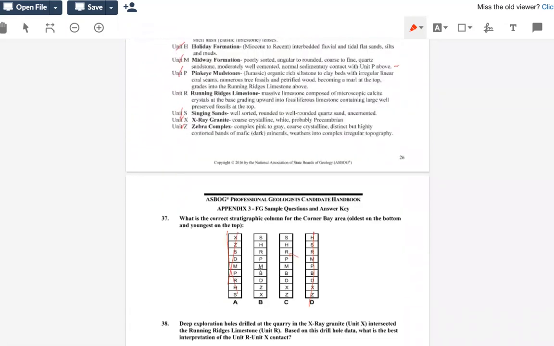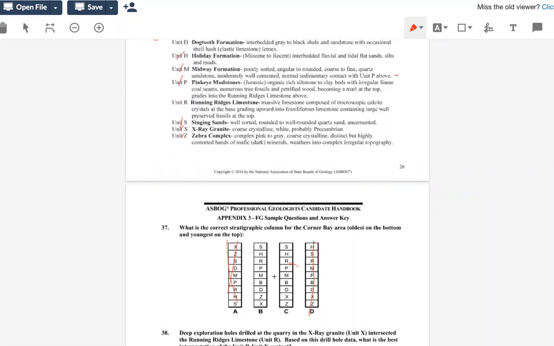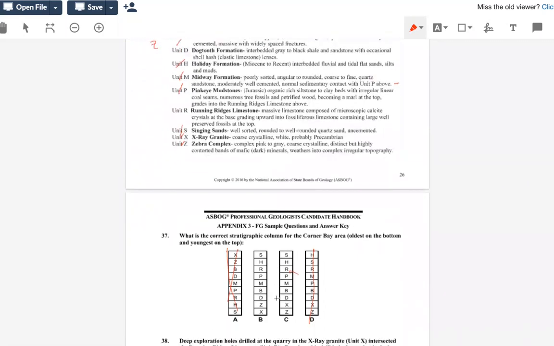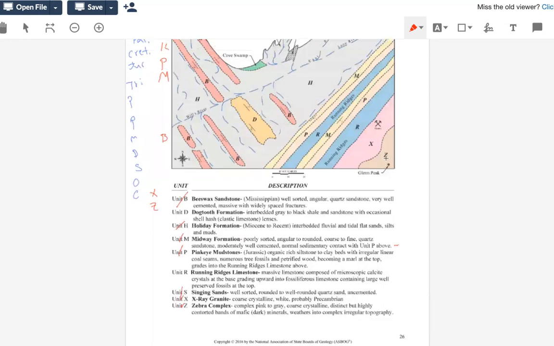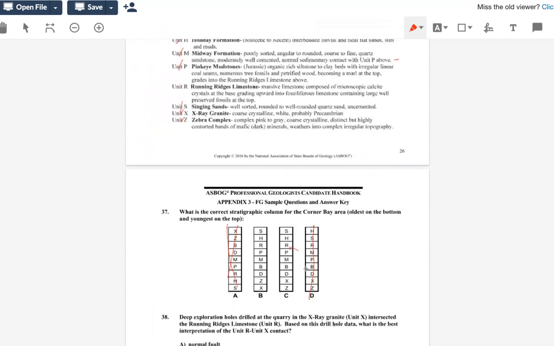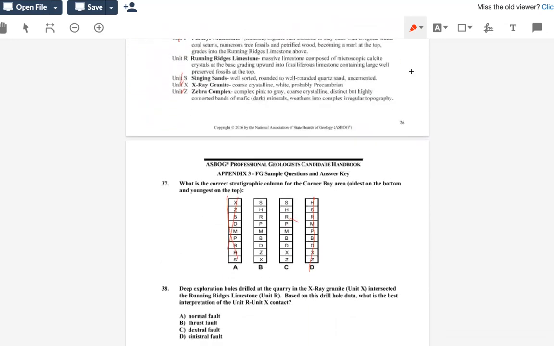B. They both place B there, and they both place D, as in dog, there, so that apparently didn't matter. Okay, so the difference between these two is whether Z and X are older. Well, I said because of the irregular topography that Z had to be older, so C, as in cat, is our correct answer.